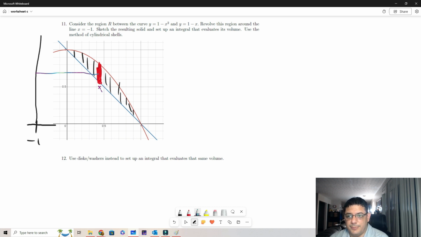And so setting up the cylindrical shells, the volume is going to be 2 pi, and then the radius, which is going to be x minus -1. And then the difference of the two functions: the function on top is 1 minus x squared, and the function below is 1 minus x.